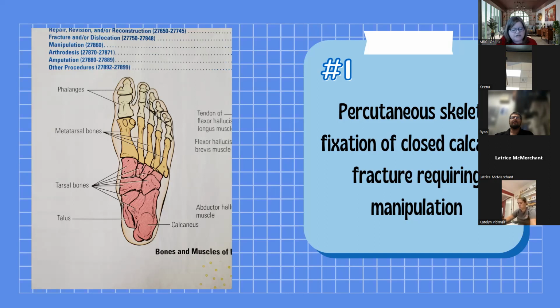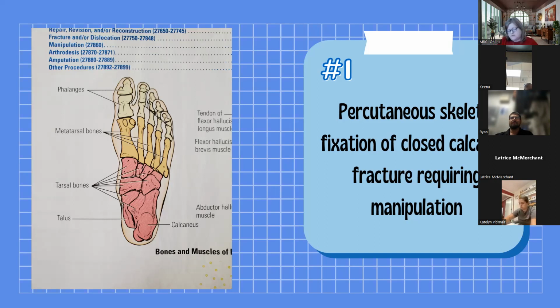Percutaneous skeletal fixation. Well, that matches almost identical to what we have, right? So that's where I would go. So we went to fracture, we found calcaneus, and then it gave us our percutaneous fixation. And it says code 28406. So we're going to go find that in our manual.